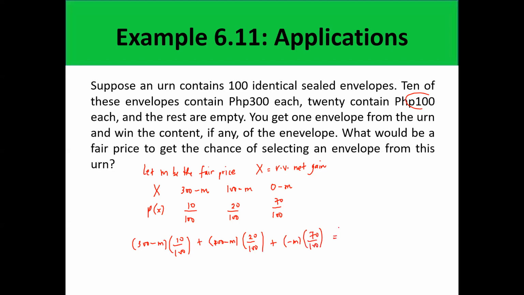And we shall equate this to 0 because we want this situation to be fair. Again, if the situation is fair, then that means the expectation is equal to 0. Now, solving this equation using algebraic methods, we will find out that M is equal to 50. So that means the fair price would be 50 pesos. So if you're going to buy an envelope, you have to pay 50 pesos for a chance to win either the 300 pesos or the 100 pesos.